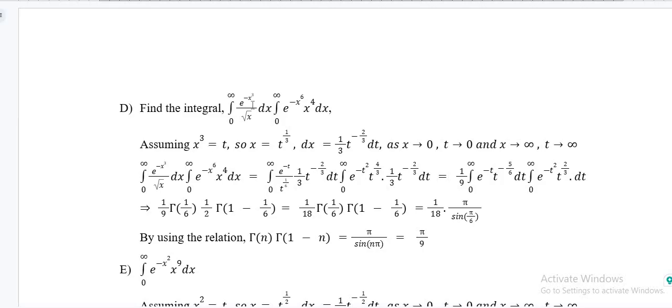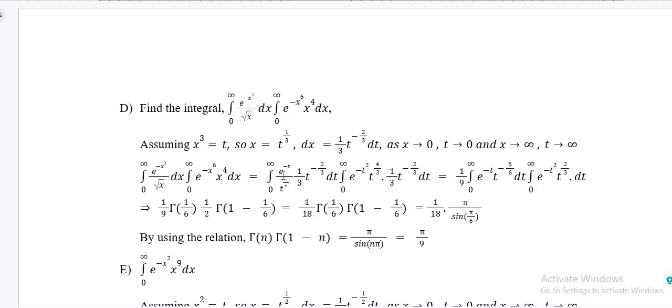We are assuming x to the power 3 is equal to t. So x is t to the power 1 by 3, and dx is 1 by 3 t to the power minus 2 by 3 dt. Now x tends to 0, t tends to 0; x tends to infinity, obviously t also tends to infinity, so the limit is unchanged. Now put this in the expression.